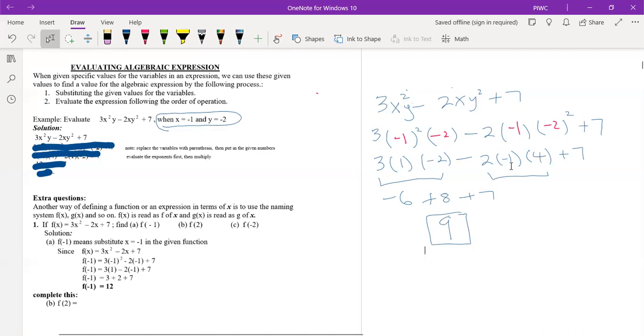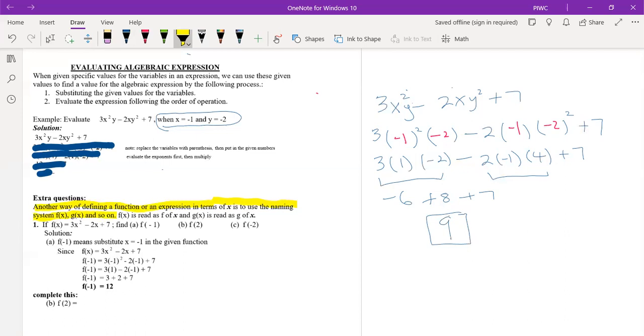Now, another way in which you could be asked to evaluate an expression is what we have here, where I have an extra question. Another way of defining a function or an expression in terms of x is to use the naming system, where we use f of x or g of x and so on.